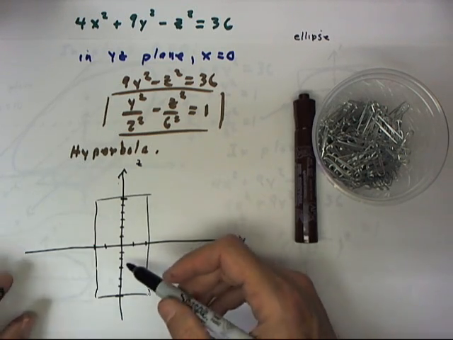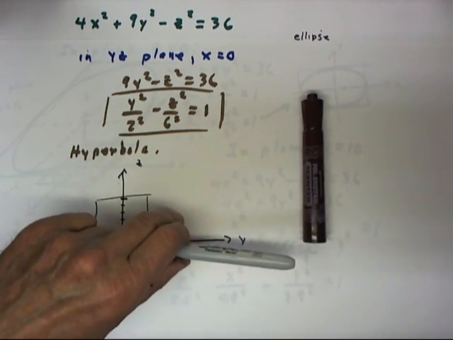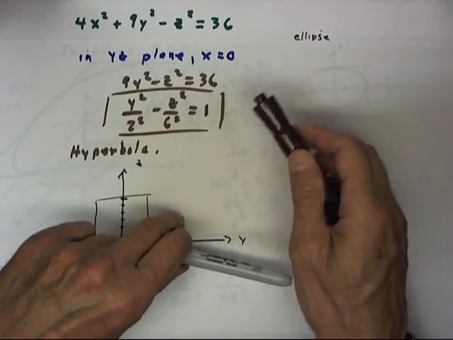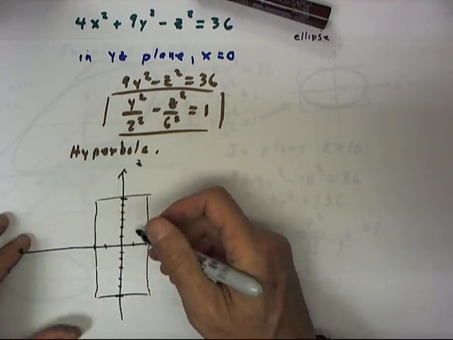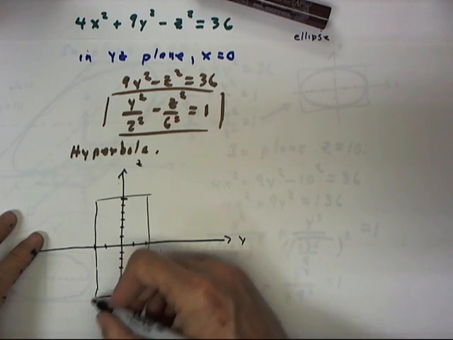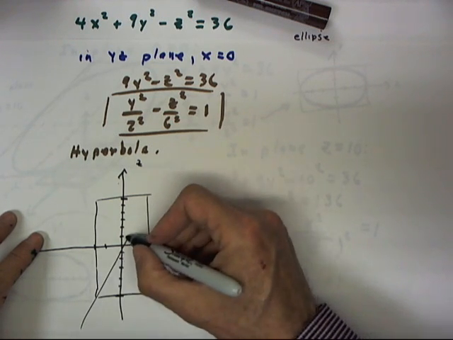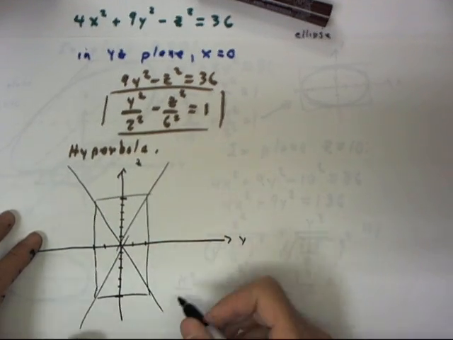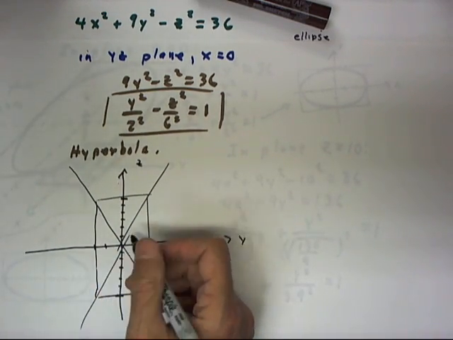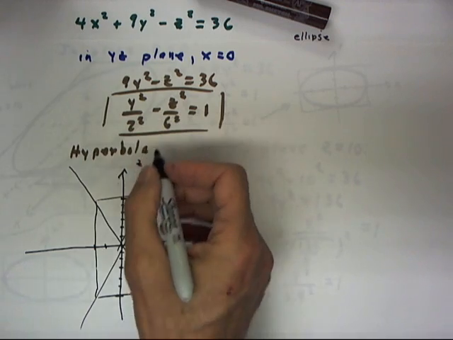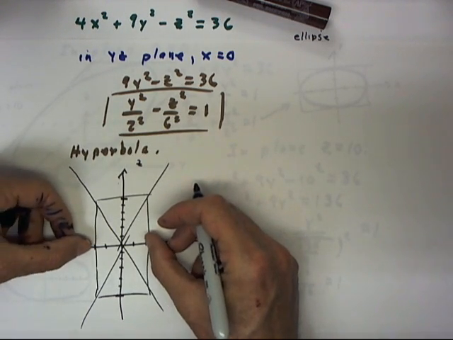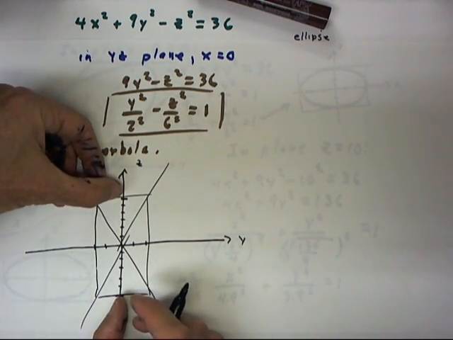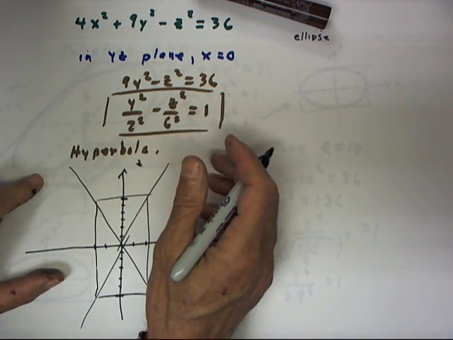To graph a hyperbola, as we know, or should know, we sketch this rectangle, we sketch the diagonals, which are going to be the asymptotes of our hyperbola, and then we determine whether the points to the right and left or the points to the top and bottom are actually on the graph.